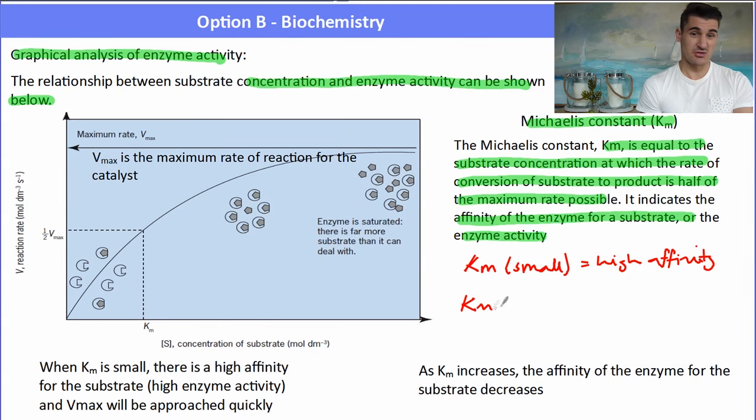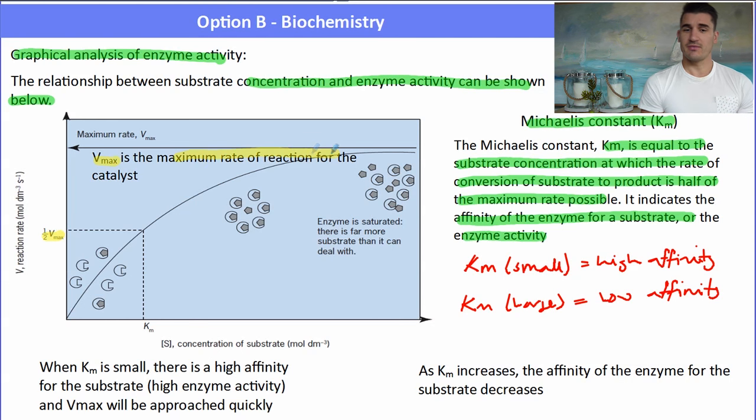And basically any substrate that's left over in the solution, the enzyme's going to grab hold of it very quickly. A large Michaelis constant means we have a low affinity for our substrate. That can tell you information about the rate of reaction. The higher the affinity, the greater the rate of reaction. The lower the affinity, the slower the rate of reaction.